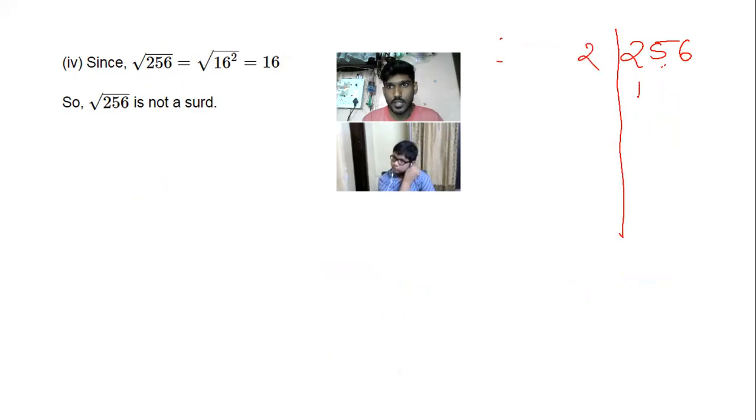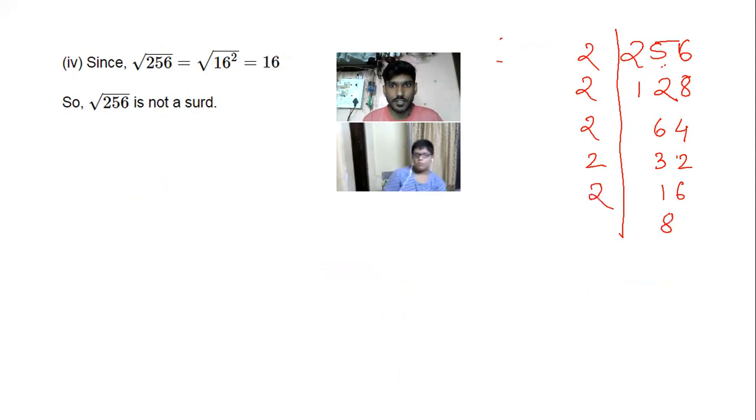So 2 1s are 2, 2 2s are 4, 2 4s are 8, 2 8s are 16, 2 16s are 32, 2 32s are 64, 2 64s are 128, 2 128s are 256.